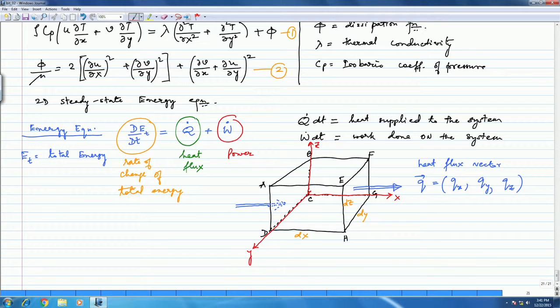Is that right? So once you have that, the heat flux entering the fluid element through the face ABCD. So let's see if I can show that a little bit. So this is the face I'm talking about.